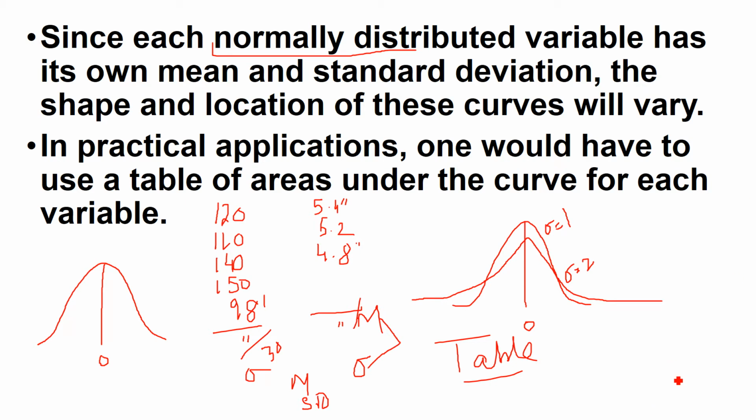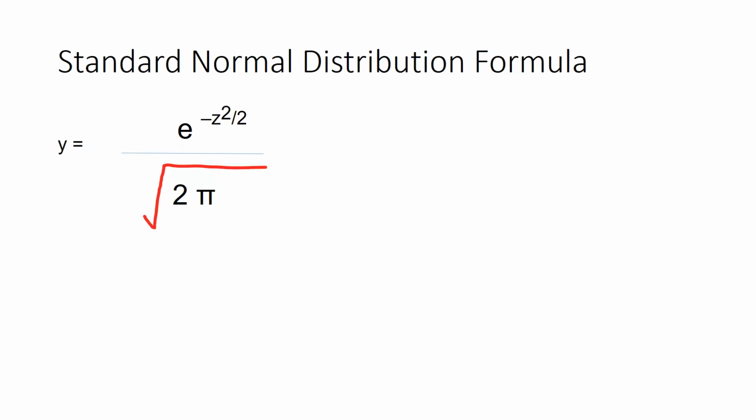Right? Okay. So the formula for the standard normal distribution is y is equal to e raised to the power minus z square divided by 2, then the whole divided by square root of 2 pi. So here you have to put the value of e, which is 2.718. Then you have to find the value of z square, divided by pi.